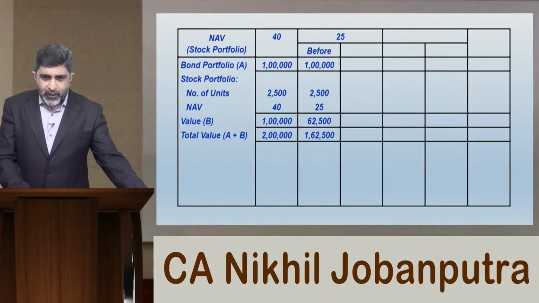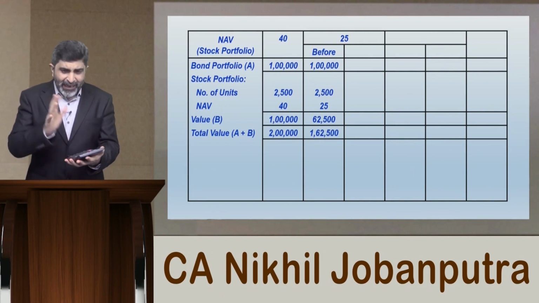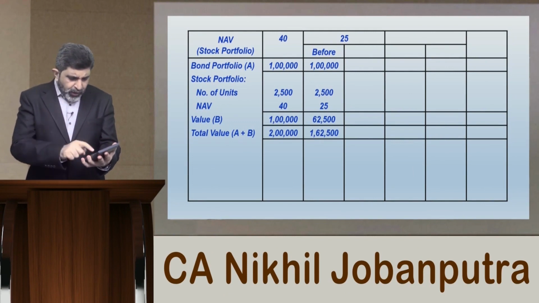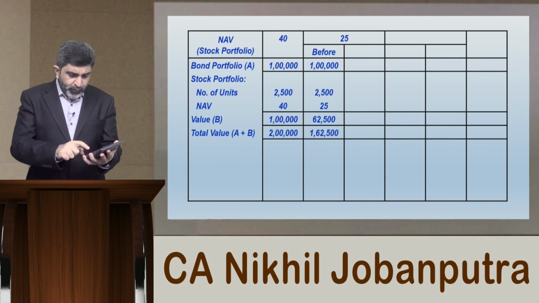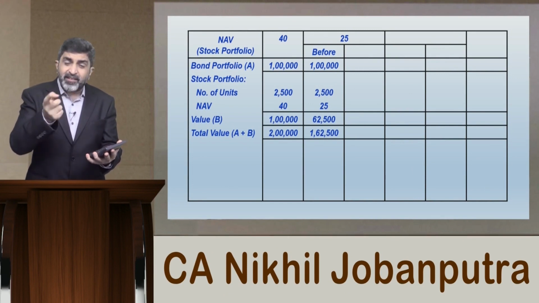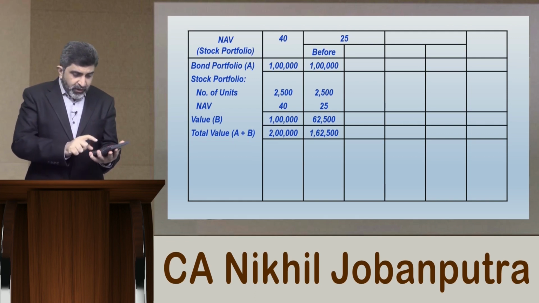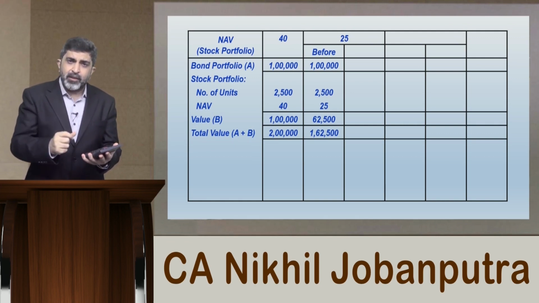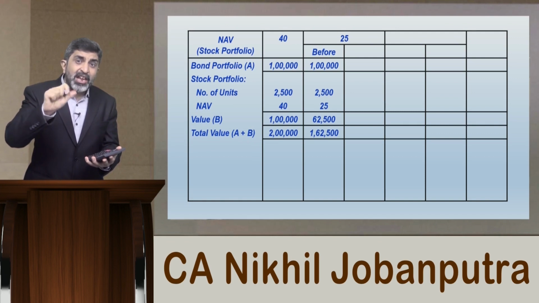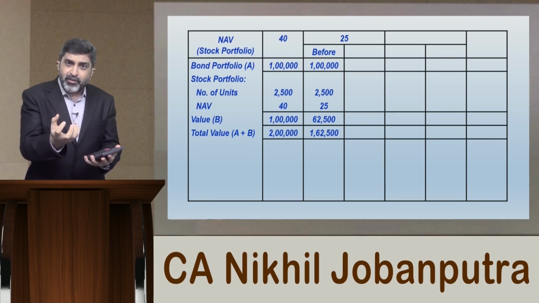Now over here I would say, pick your calculator and see what we have to do. 40 was the original value, minus 25 is the revised value. I am talking about NAV per unit. The difference is 15. 15 is the change and the base value was 40.